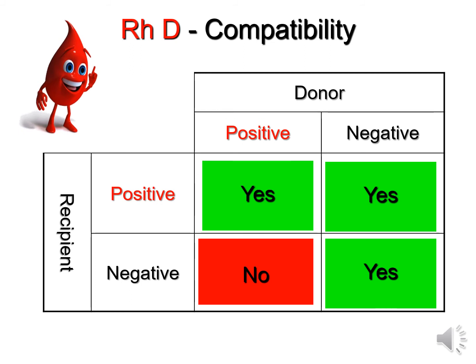Rh positive blood cannot be given to Rh negative recipients. Rh negative blood can be given to Rh positive recipients, and Rh negative blood can be given to Rh negative recipients.